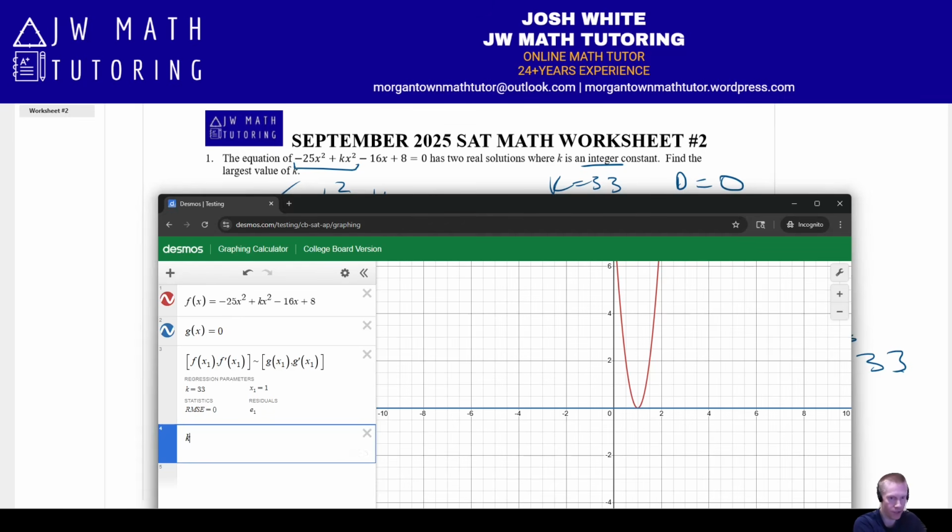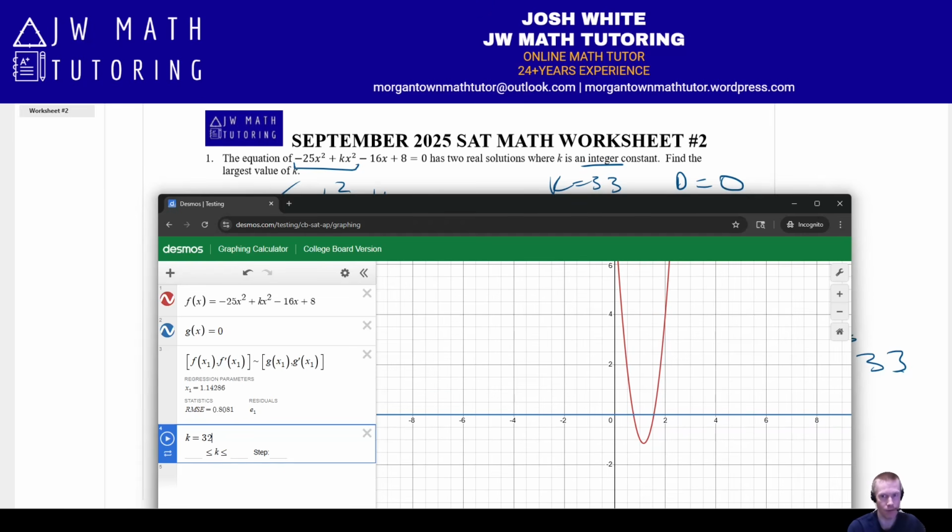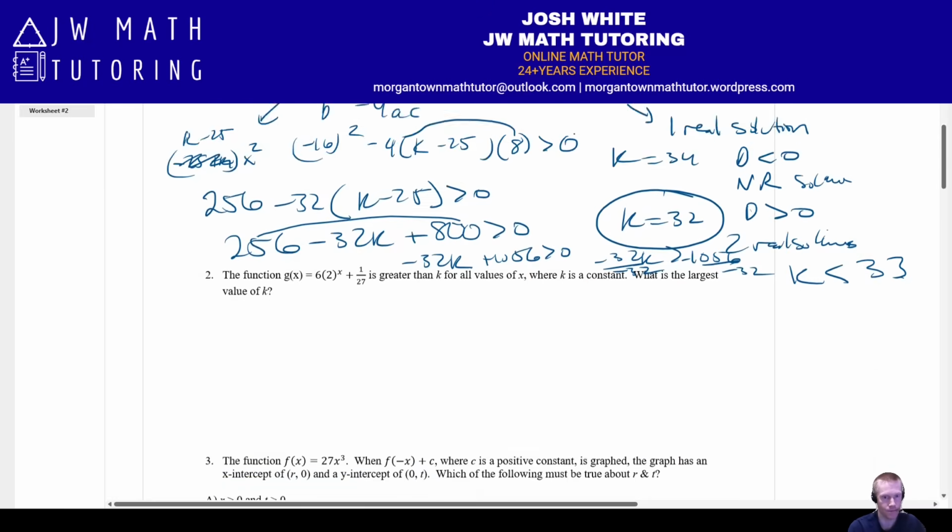So you would type k equals 34, and look at the graph. Are there 2 real solutions or no real solutions? Clearly there's none, so now I would go back and check 32. Now I see that there are 2 real solutions, therefore this is the correct answer. And again, this is how you could get the entire problem done in Desmos.